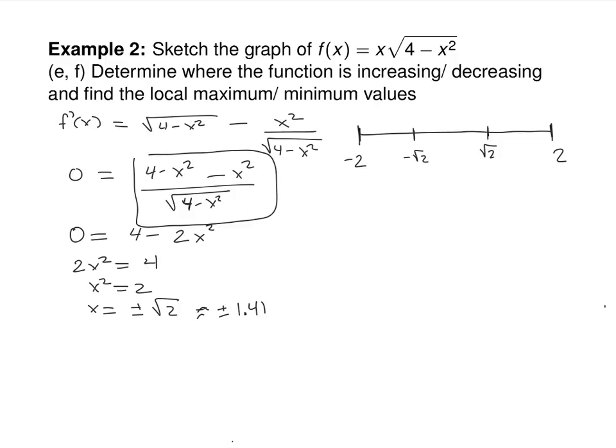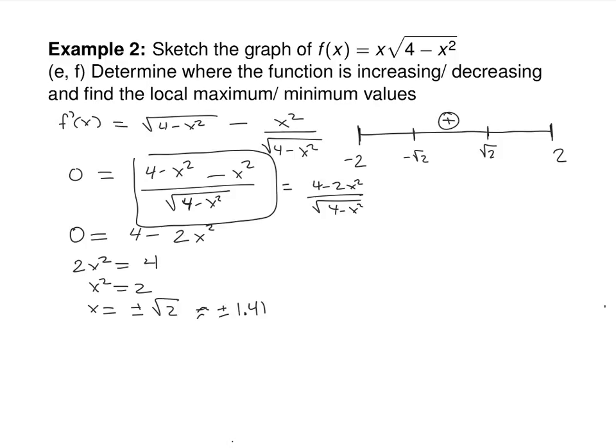Let's just plug in 0 because 0 is nice and easy. When you plug in 0 into 4 minus 2x squared over root 4 minus x squared, you get a positive result. 4 over 2 is correct, which would be positive.